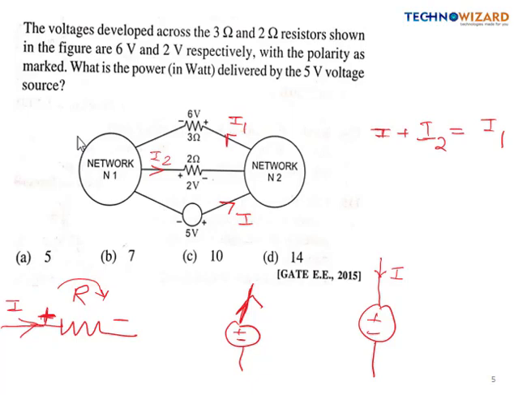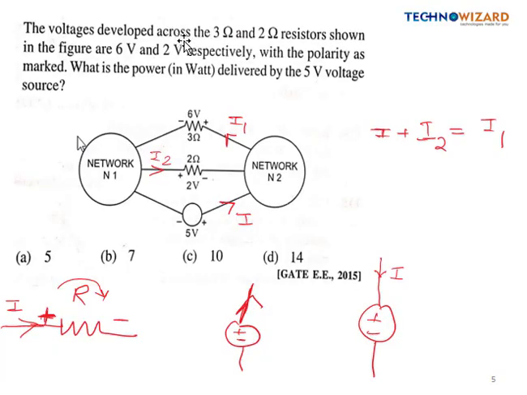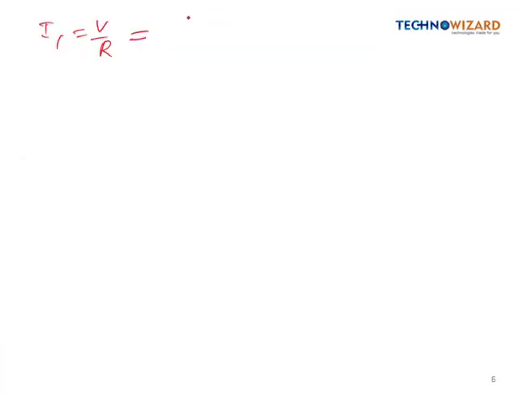So I1 is V by R. They have given us a voltage of, let's see what's the value of voltage, so voltage is 6 volt and resistance is 3 ohm. So this will be simply 6 by 3, so current I1 value is 2 ampere.